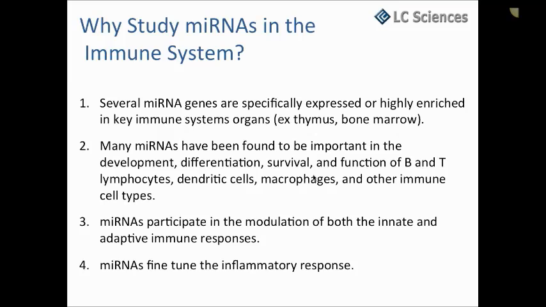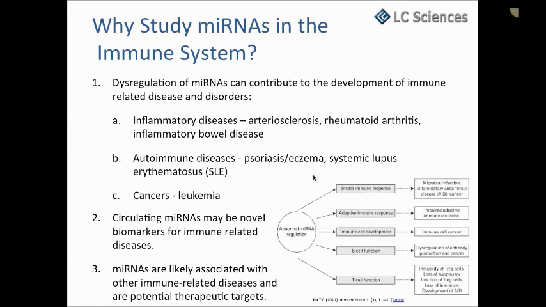MicroRNAs are clearly participating in the modulation of both the innate and the adaptive immune response, and microRNAs are also involved in the inflammatory response. To dig down a little deeper, dysregulation of microRNAs can contribute to the development of immune-related diseases.